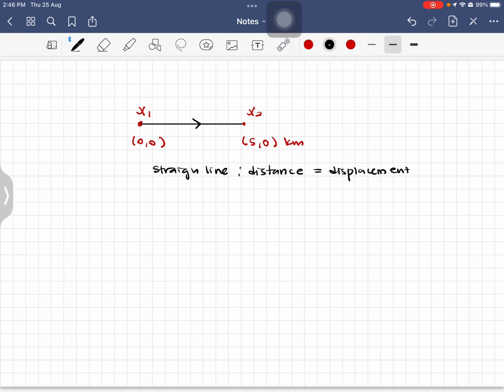For example, this one, the distance is 5 km, the path taken is a straight line, the displacement is also 5 km. The difference is the displacement has direction. The direction is to the right.